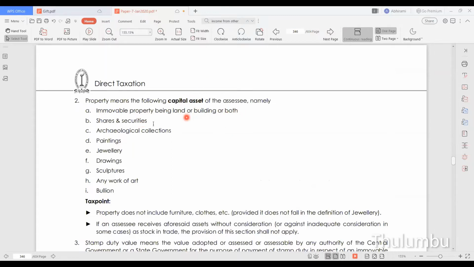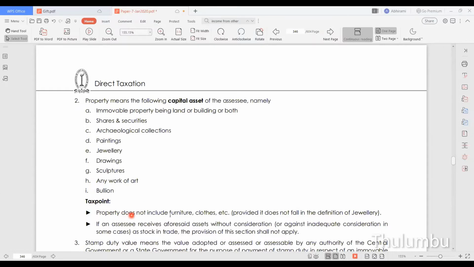Also shares and securities, archaeological collections, paintings, jewelry, drawings, sculptures, any work of art, and bullion. These items are considered capital assets. Mostly in the exam you can expect jewelry. Jewelry is a capital asset, so income from other sources is applicable.